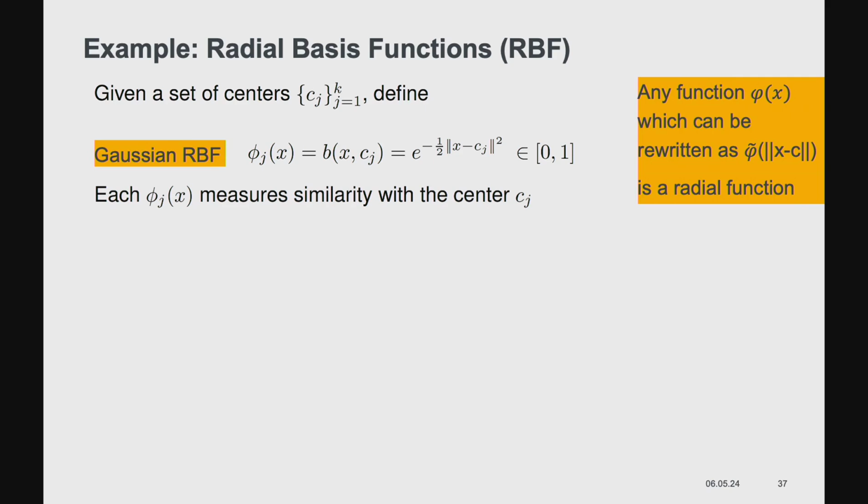So what I express here is similarity with my center. And this is a very powerful idea, because if I have sufficiently many centers, I can approximate basically any function.